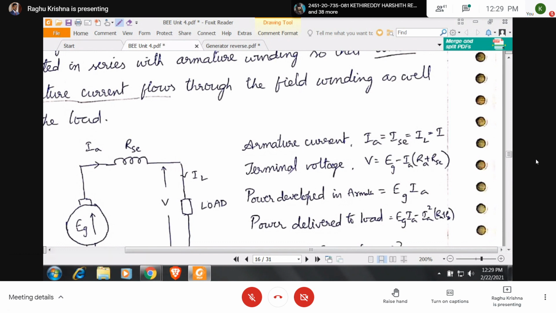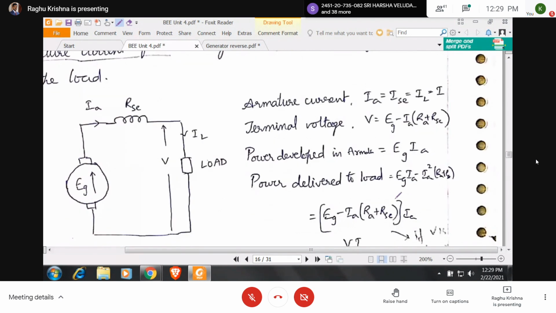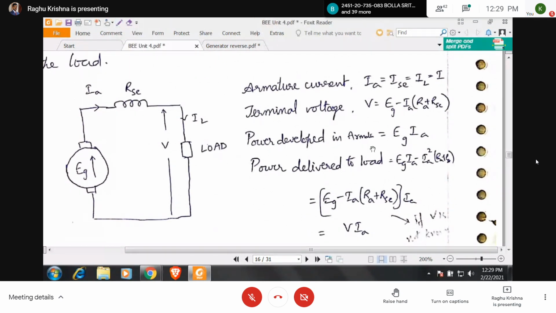Next, power developed in the armature is equal to EG into IA, the generated EMF into current. Power delivered to the load is equal to EG into IA minus losses. The losses are IA squared into RA plus RSC.